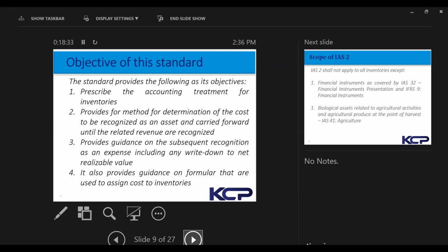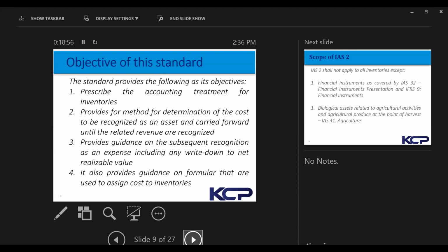Do you understand? Because if the original cost you've been carrying is still 100, but it is now priced at a lower sum, even though we have not sold, the standard says reduce the cost. That's what objective 3 was trying to communicate.